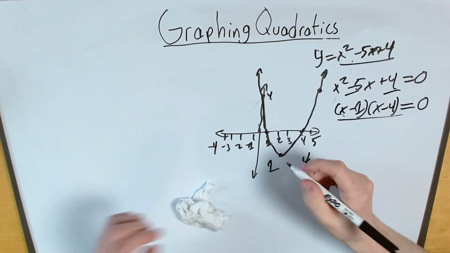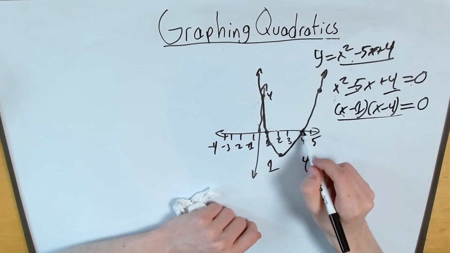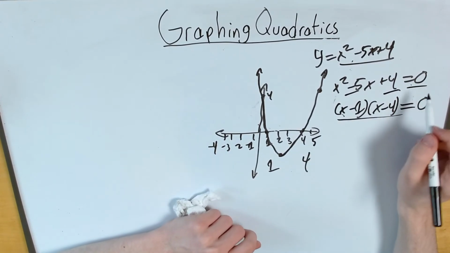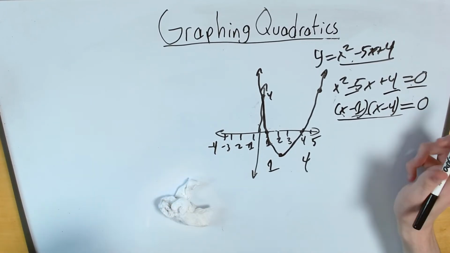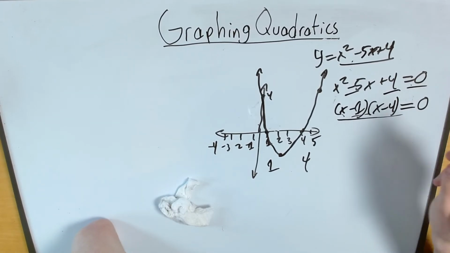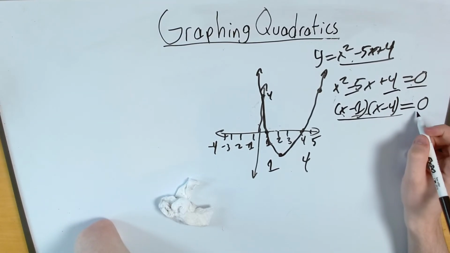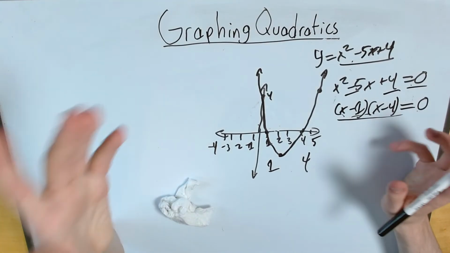And that makes sense, right? In this graph, at these two points, they equal 0. But how do I get these two points from this equation? Well, if these two x values multiply to be 0, that means either one of them has to be 0, because 0 times anything is 0, right?